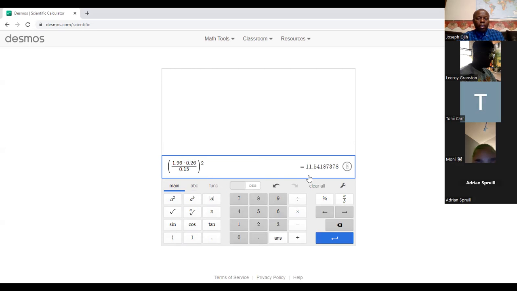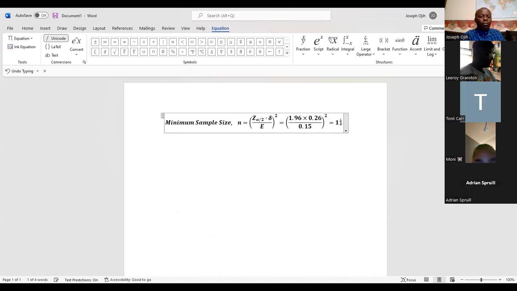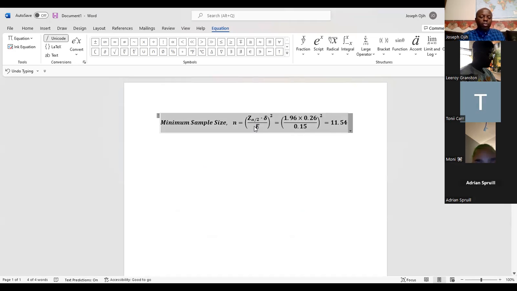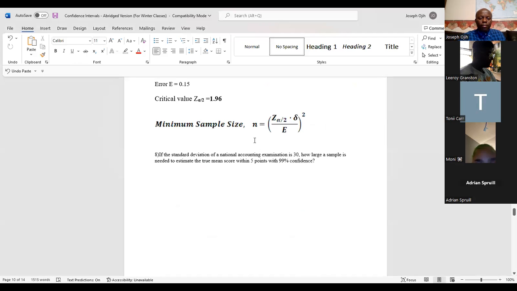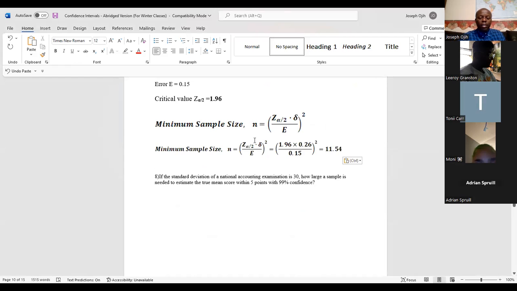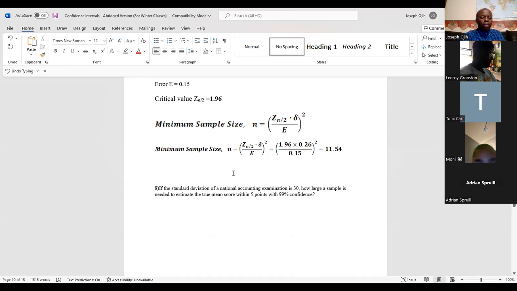Square it. 11.54. That will give us, round up to the next whole number. So they need how many samples? They need 12 samples.